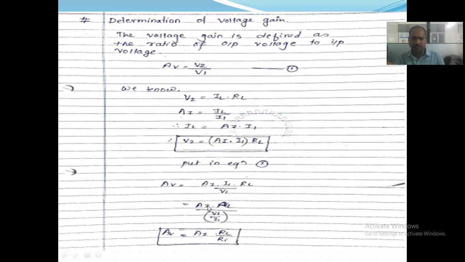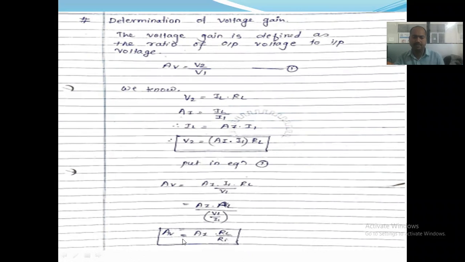So it is AI into RL divided by V1 upon I1. We know that V1 upon I1 is nothing but R, related to the input, so it is Ri. Your equation is Av equal to AI into RL divided by Ri.